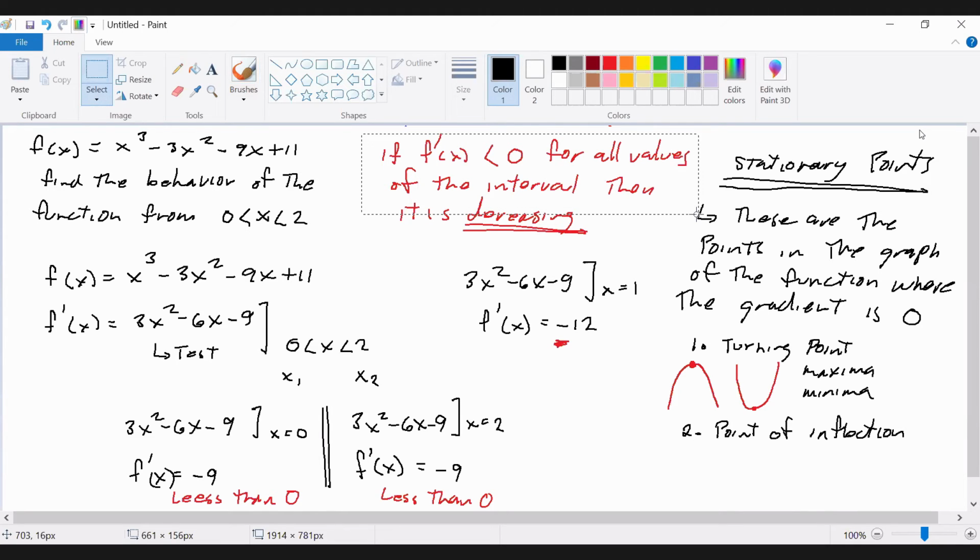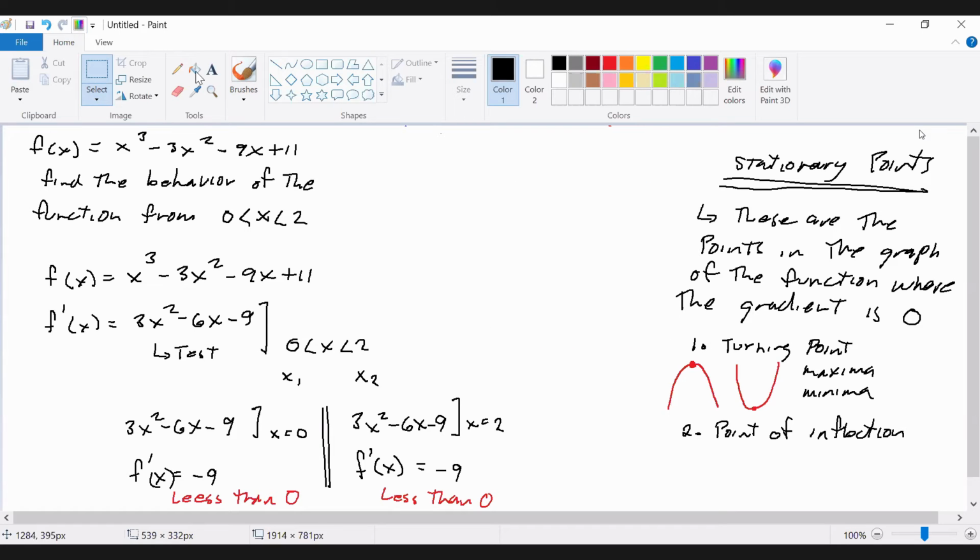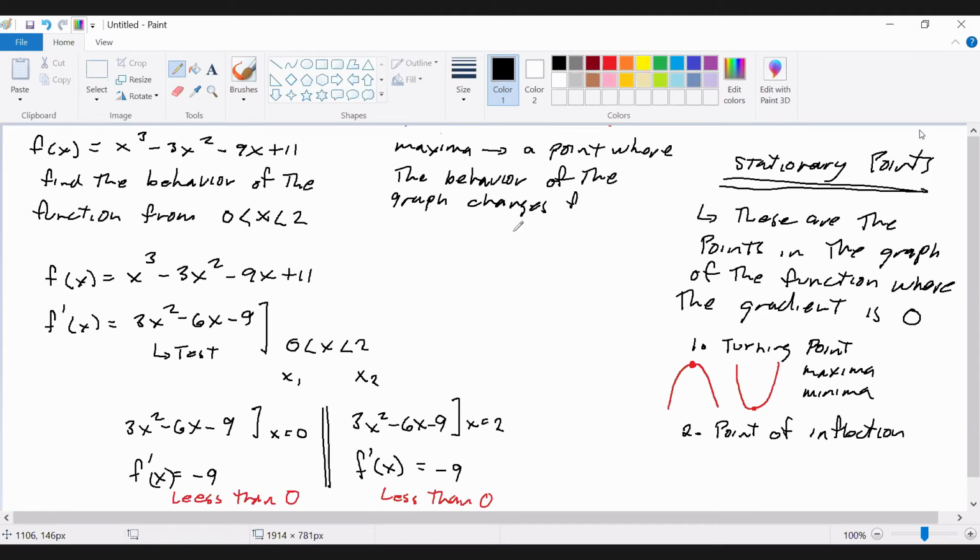Now, it doesn't stop there. We can further define that a maxima is a point in the graph where the behavior changes from increasing to decreasing.